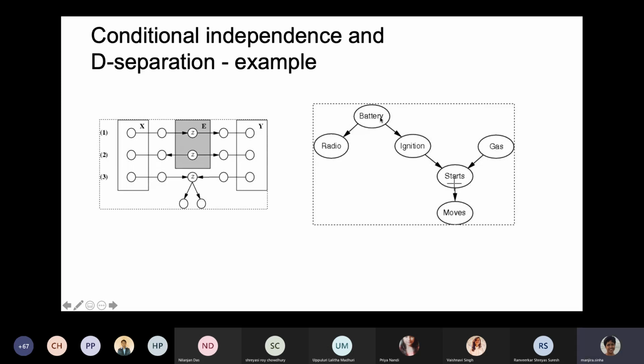If I take battery and gas, these are d-separated by the ignition and the start. If I take out start, or if I take out ignition and start, there will be no undirected path between battery and gas. So this is d-separated by the third condition. This is just an example.